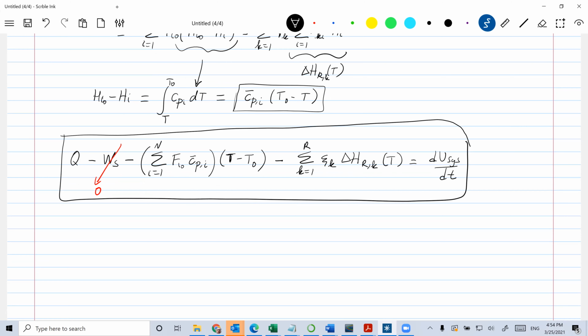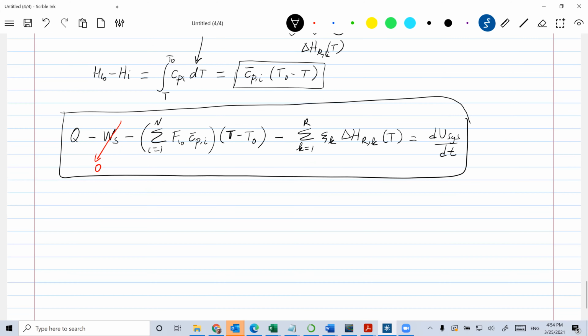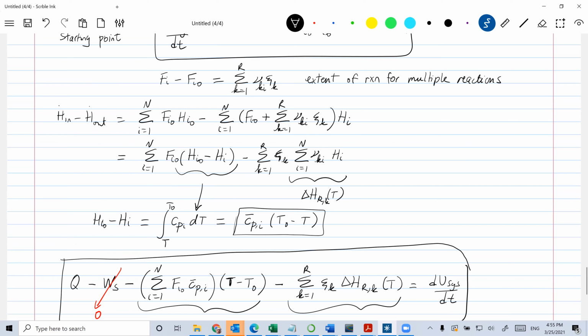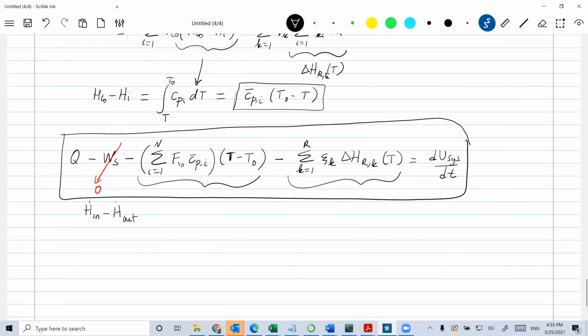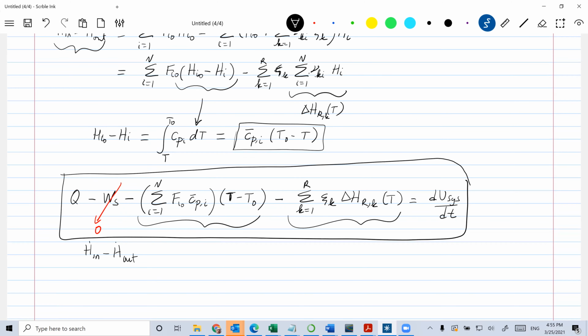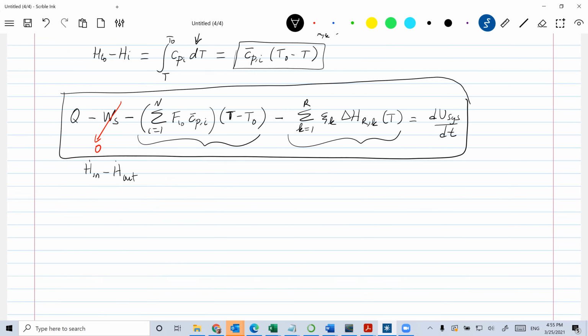And before we finish, one quick thing I wanted to add is those two terms. This is well discussed in the book as well. And these are the two terms in delta H. So the H in minus H out term that we looked at up here became two terms, right? It became this term and that term. What this term is, is how much heat you add or remove.